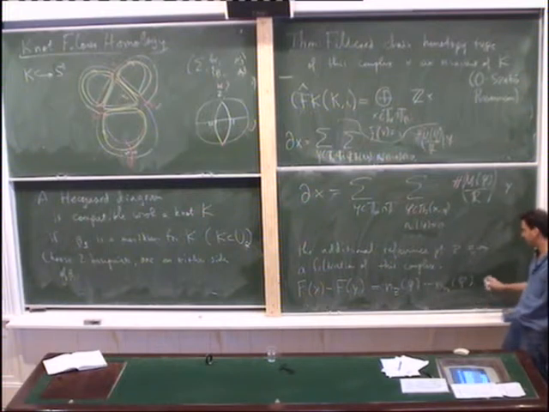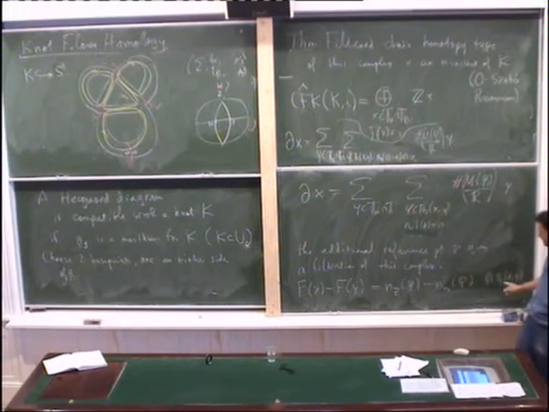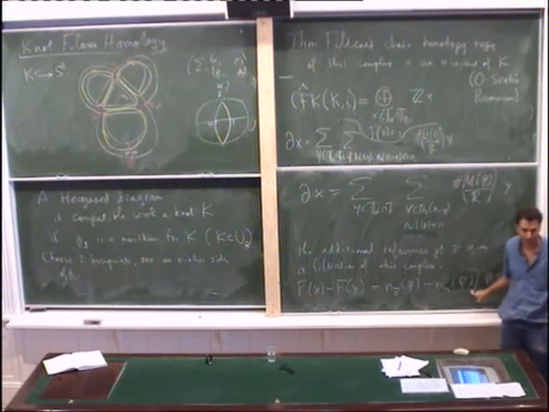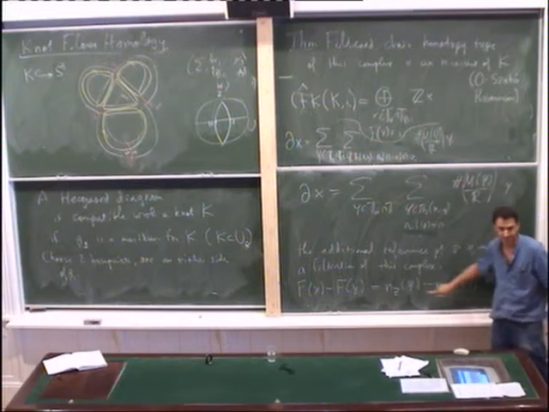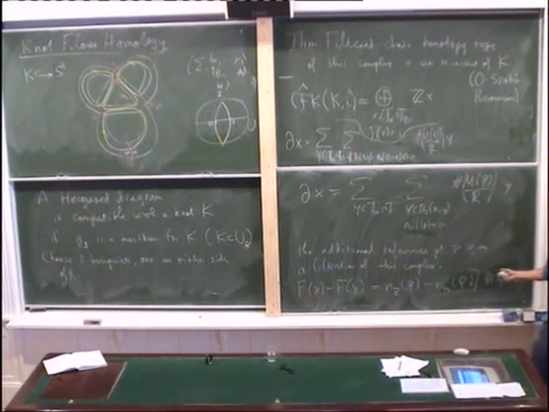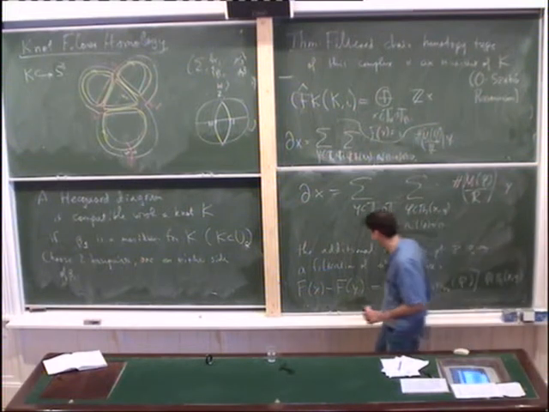Oh, I didn't say what phi was. Phi here is any homotopy class which connects x and y. But this quantity on the right doesn't depend on the choice of homotopy class, because any two homotopy classes differ by the addition of a sphere, which has n_Z equals n_W equals 1. So this difference doesn't depend on the choice of homotopy class. It depends only on x and y.